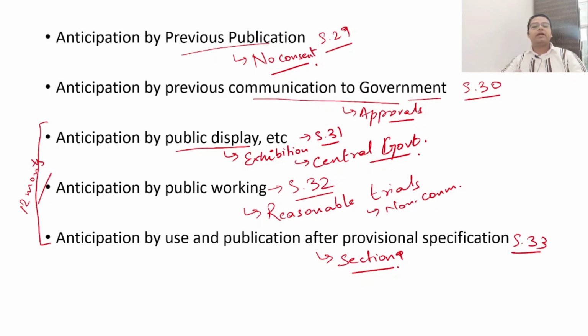If you're not making that application within a period of 12 months, then it would come into anticipation, and you cannot exhaust these remedies of the exceptions to anticipation. The last section, section 34, just enumerates sections 29 to 33: any instances which have happened under sections 29 to 33 would not be considered as an anticipation. So it's a concluding section of this chapter.